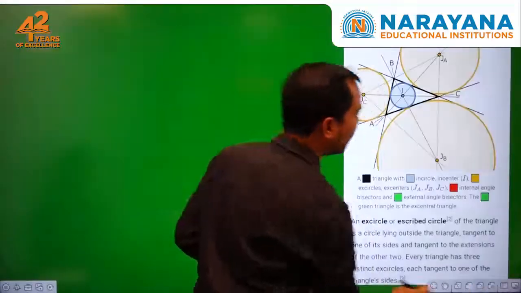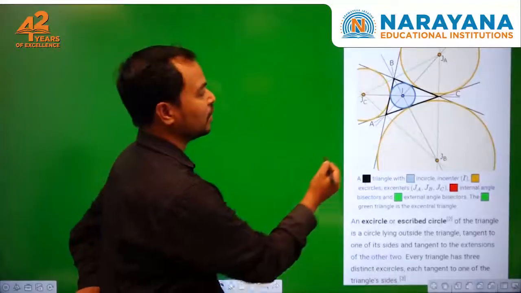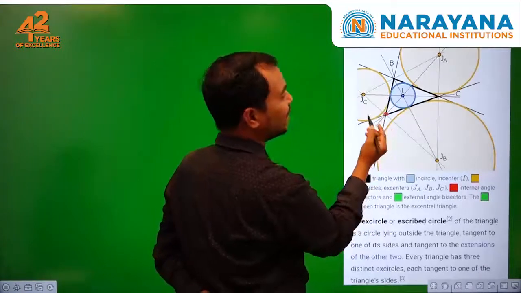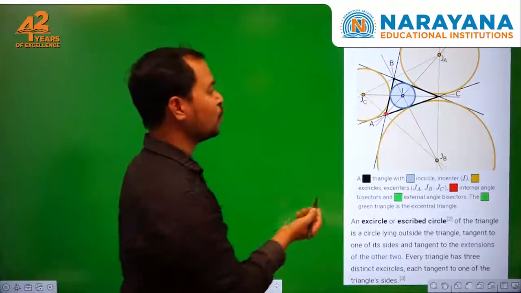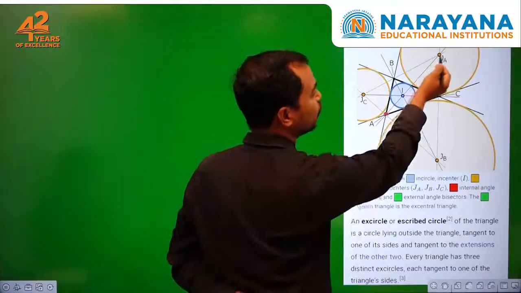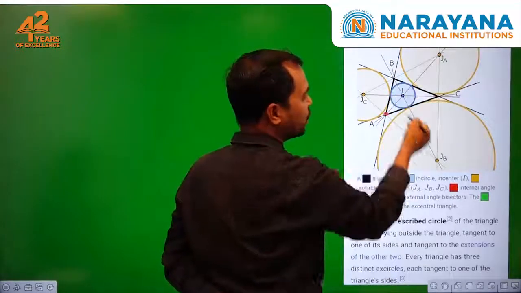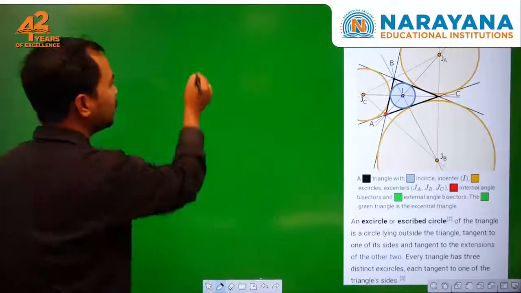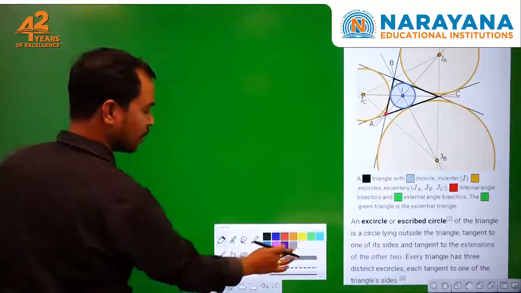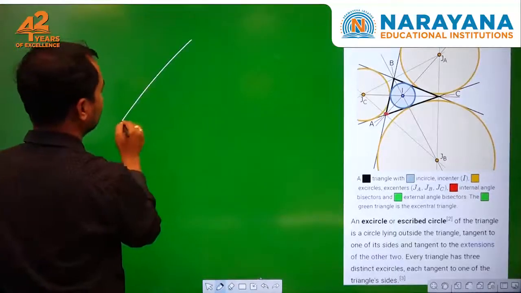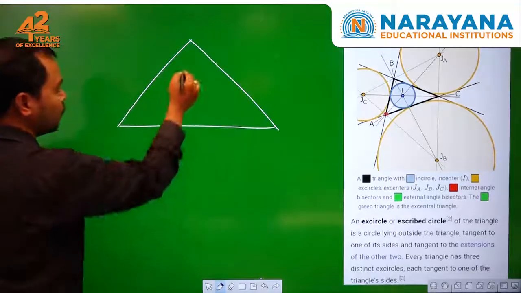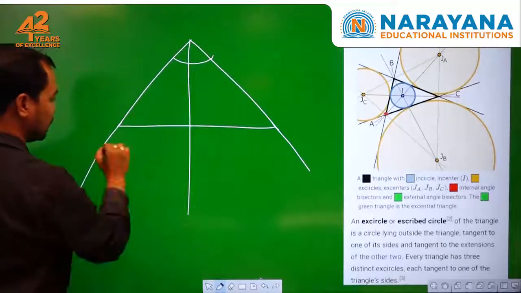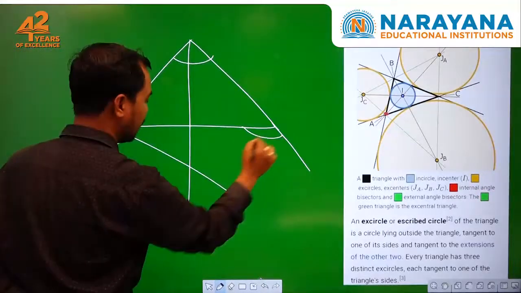So let us see how many excircles a triangle has. Here there will be three sides and three vertices, so there will be three excircles obviously. One excircle is opposite to vertex A, one opposite to vertex B, one opposite to vertex C. If you take this triangle ABC, and I extend the sides, one internal angular bisector and these two external angular bisectors meet at one point.